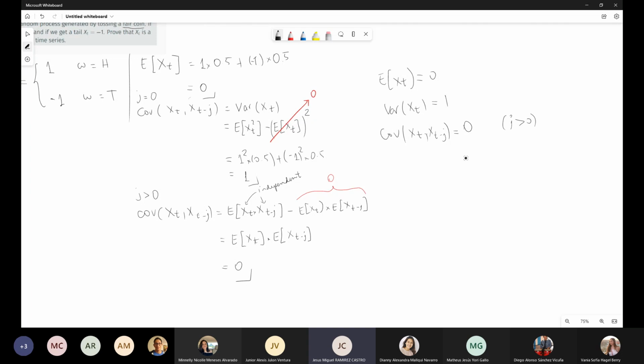Since the expected value and the covariance are time independent because these guys are constants, then we say that xt is a covariance stationary time series. Okay.